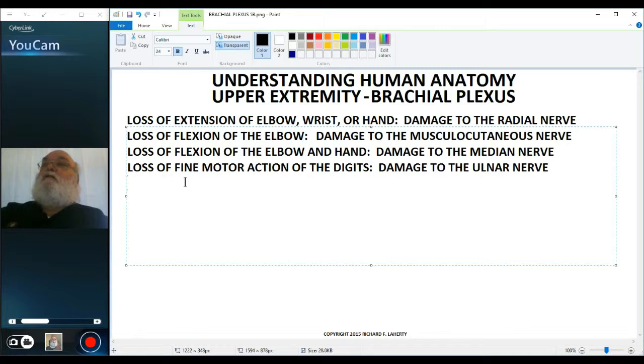If one loses abduction of the shoulder, the major muscle doing that is deltoid, so that would be damage to the axillary nerve.